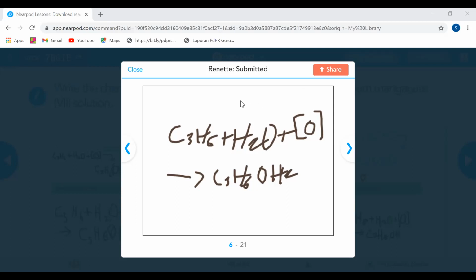The whole potassium permanganate doesn't react with my propene. Only my oxygen is reacting with my propene. So that's why I'm taking the oxygen. And because it's a solution, there will be water.